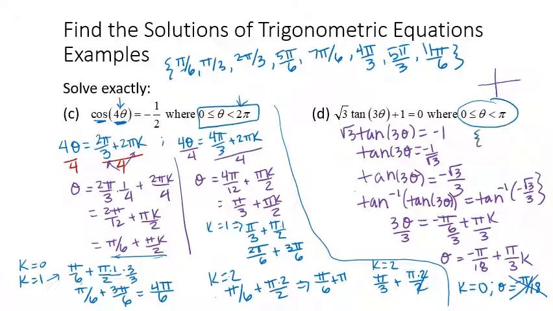Those give us 5 pi over 18, 11 pi over 18 when k is 2, and when k is 3, we get 17 pi over 18. At that point we cannot go any further, or we are out of bounds for the domain.